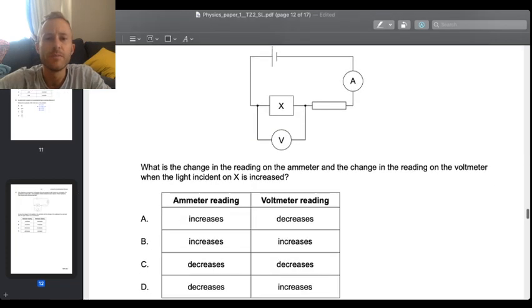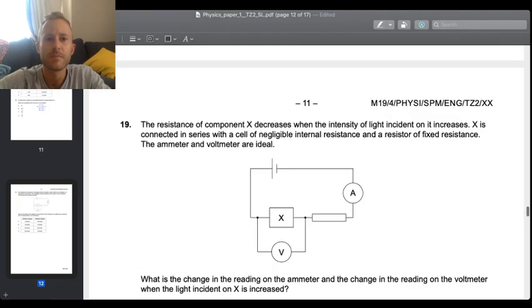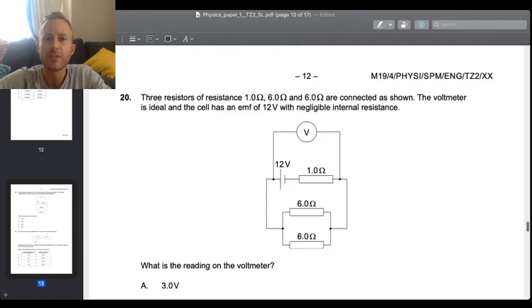Number 20, 3 resistors are connected as shown. The voltmeter is ideal and the cell has an EMF of 12 volts with negligible internal resistance. What is the reading on the voltmeter?